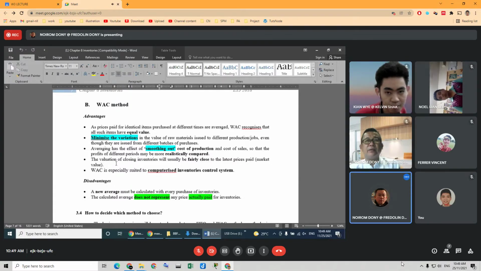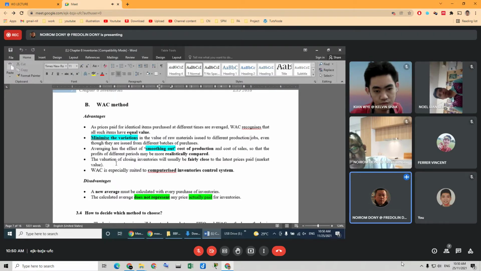But if we are using first in, first out, the price is very different. Look at the closing inventory and the price charged in the cost of sales. It's far different because we are using the actual price. But for average, we do the averaging, so the average price is not so far from the actual price.